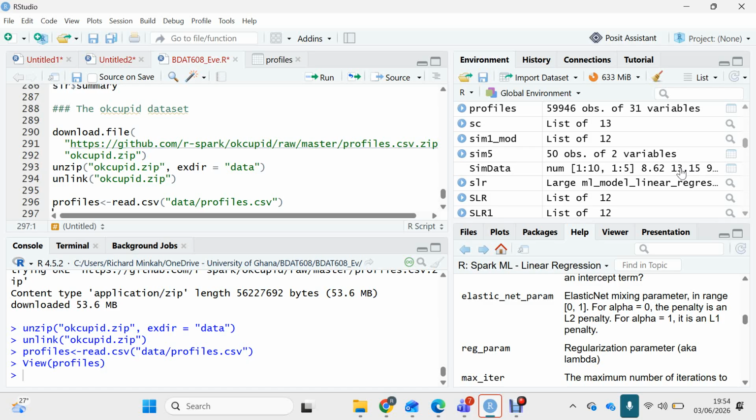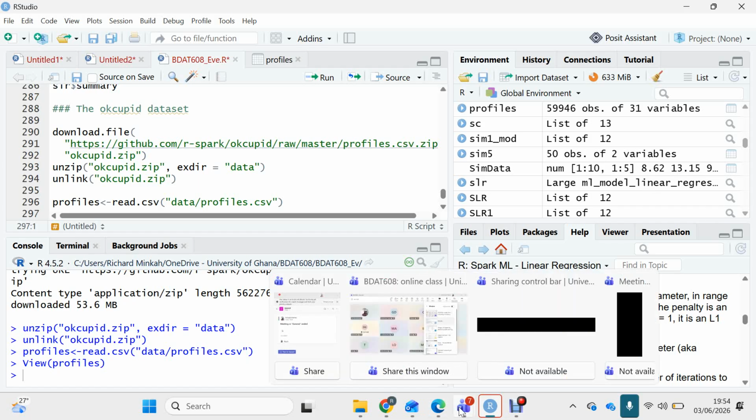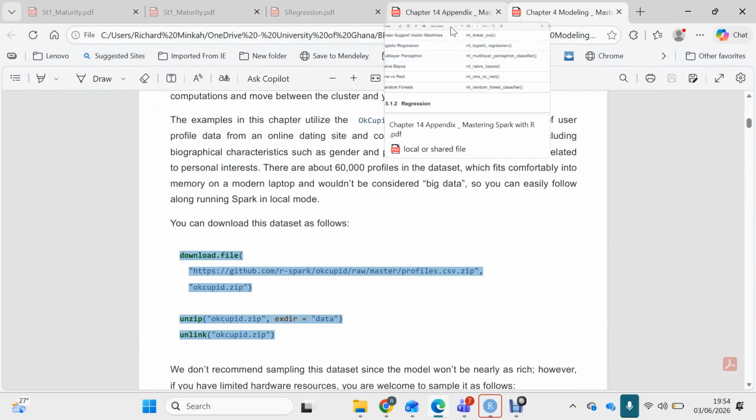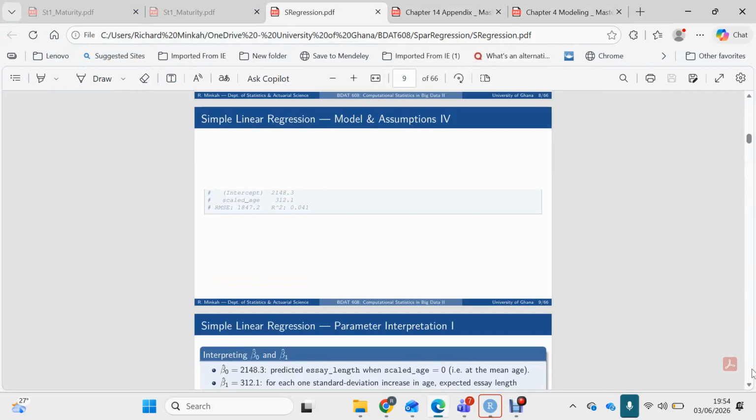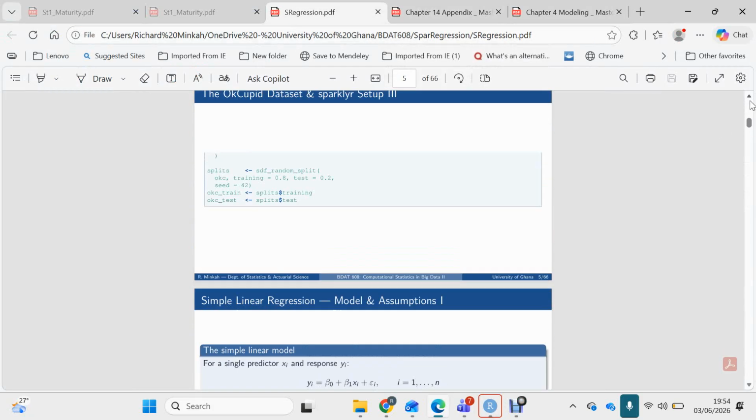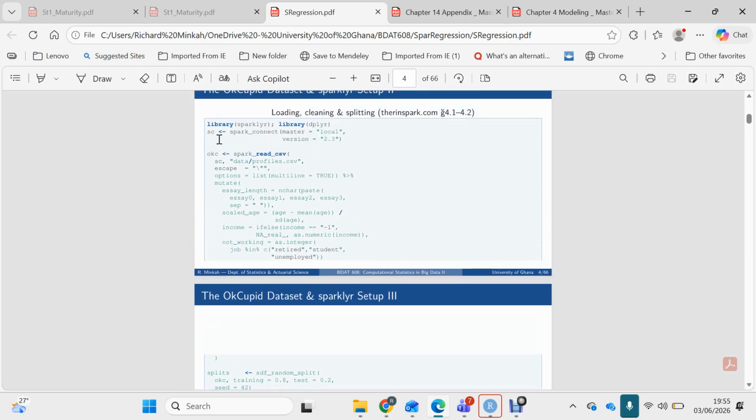So within the Spark framework, in multiple regression, there are several... I want to show you the ML regression framework.